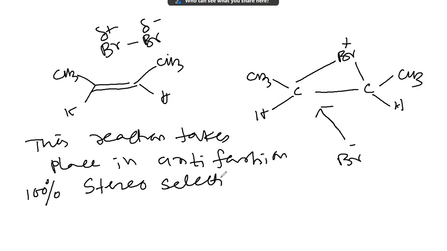What does stereoselective mean? One particular isomer, as it is a case of space isomerism: cis gives DL mixture and trans gives meso. So in this case, let us call the carbons 1 and 2. If Br minus attacks the second one, the product will be this.